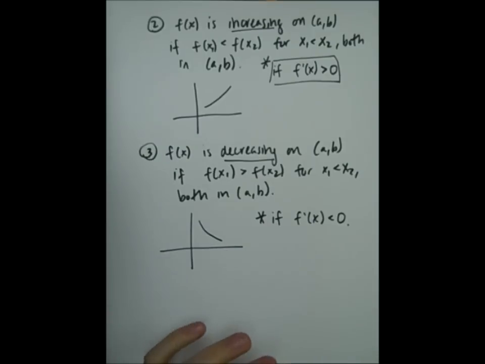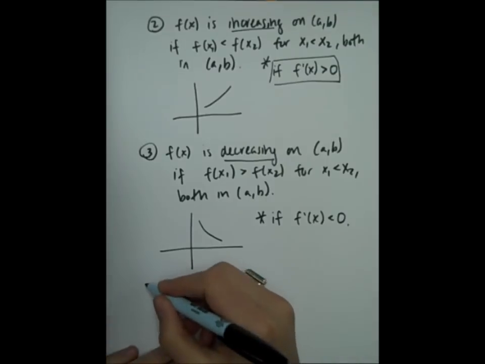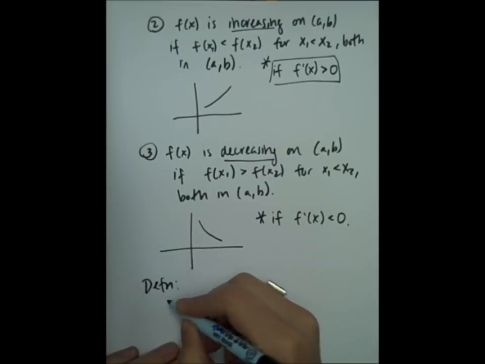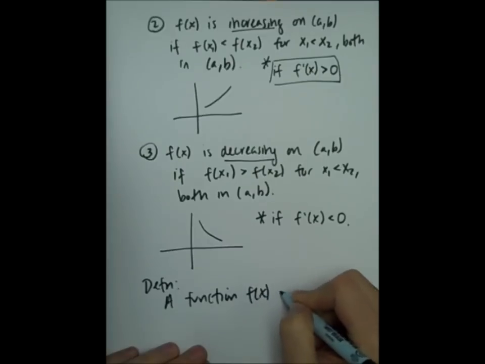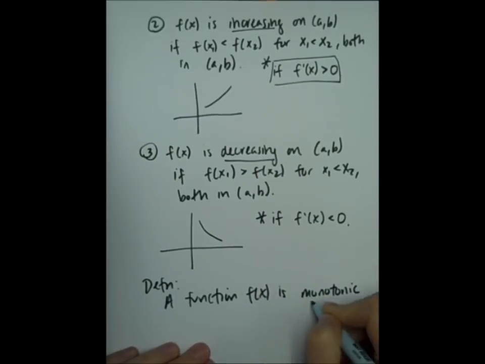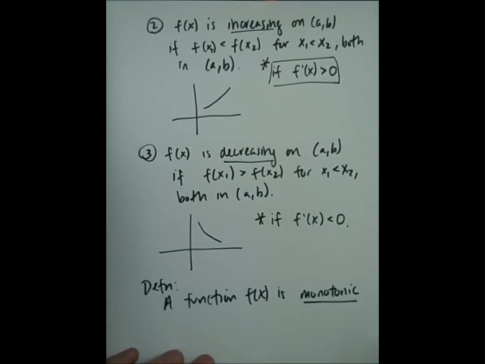The 4th thing that I want to say about the mean value theorem is really a definition. It's a definition for monotonic. So a function f of x is monotonic. Mono means one, so we're talking about one thing here.